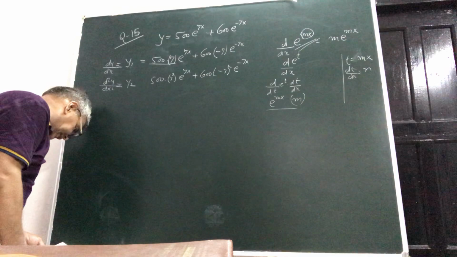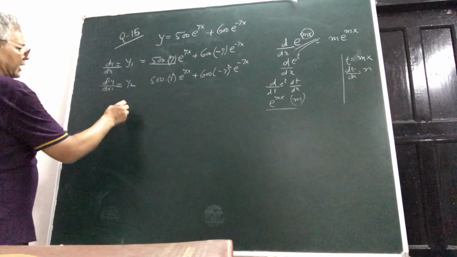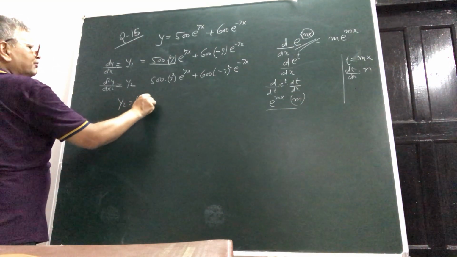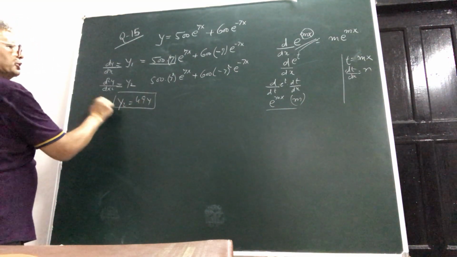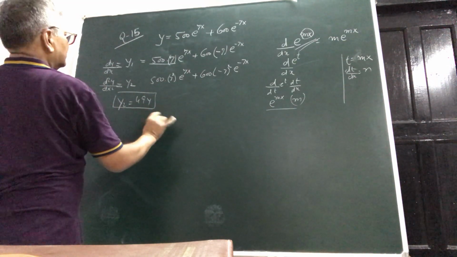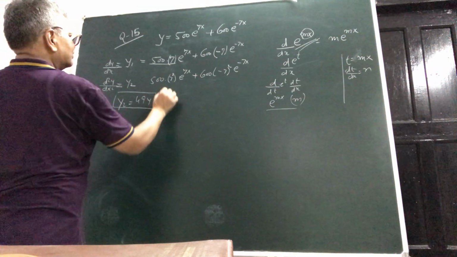And what you want to show is that y2 is equal to 49y. This is what you want to show. So d2y is this much. Now here, you take 7 square common.